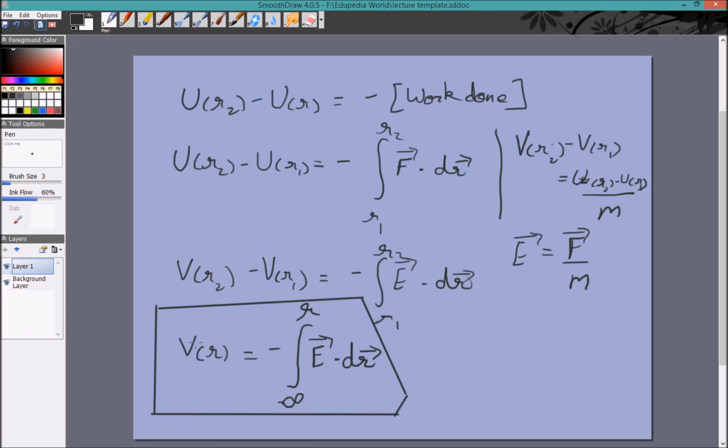So if you want to calculate the potential due to a certain random configuration of masses at a particular point, you can either calculate the potential due to each individually and add them up, or if somehow for some reason you know the electric field due to these, then you can simply move a particle from infinity to this point and calculate the integral of E dot dr from infinity to r and take the negative sign.